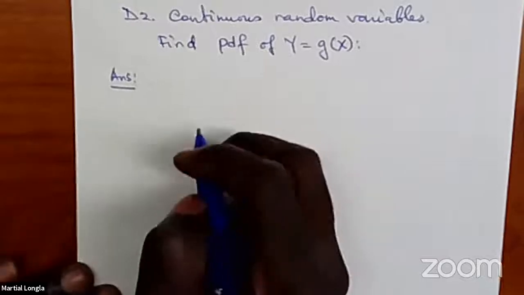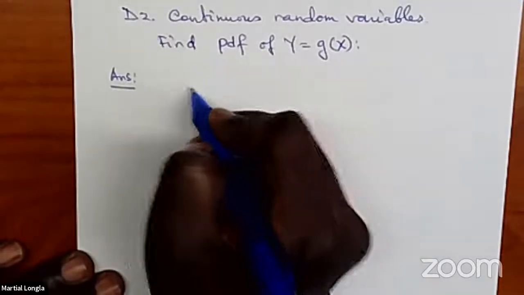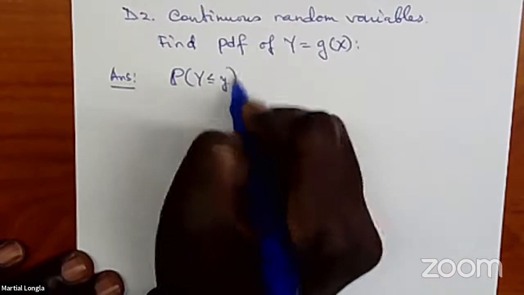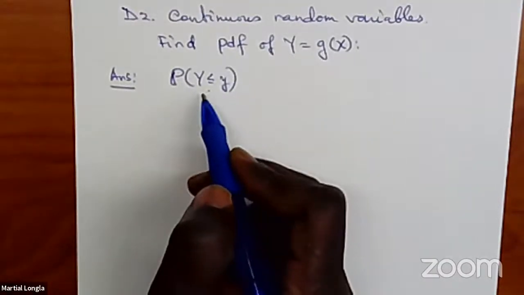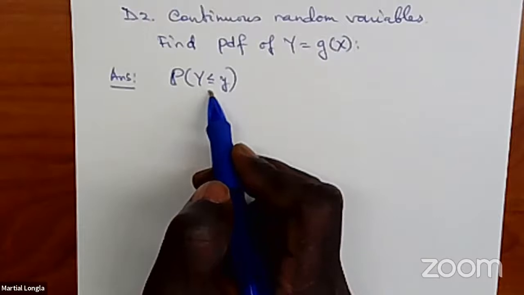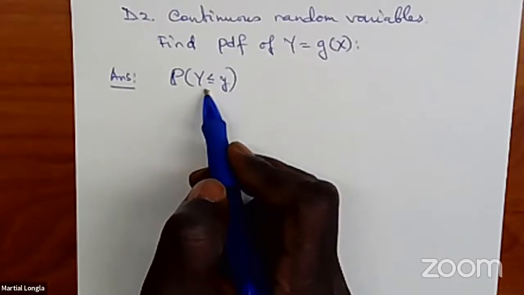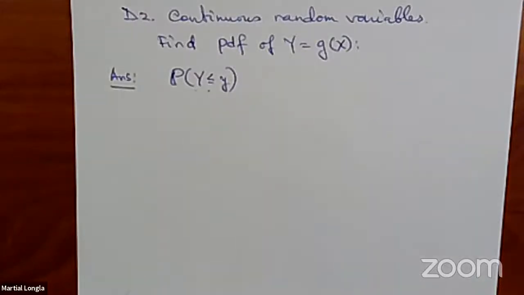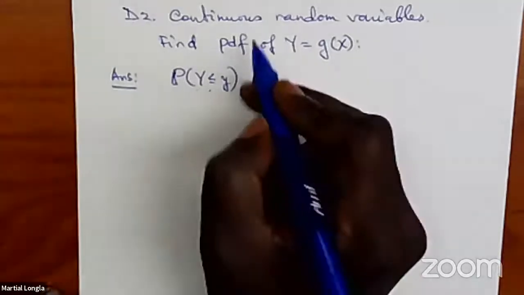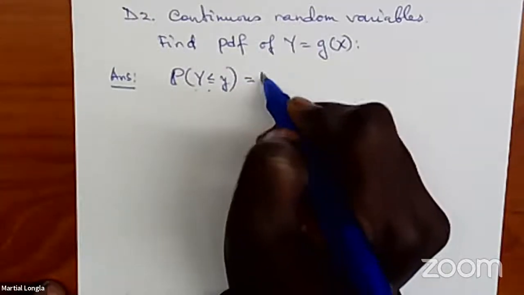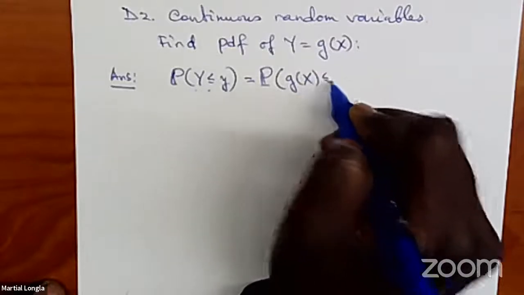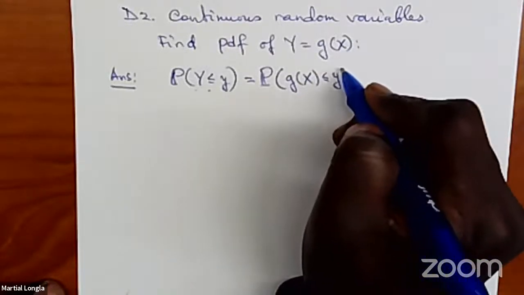what you do is you write probability that capital Y is less than or equal to little y. Notice that now I have less than or equal to, no more equal, because the probability that capital Y is equal to little y is 0 when the random variable is continuous. And this is equal to probability that g of x is less than or equal to y.